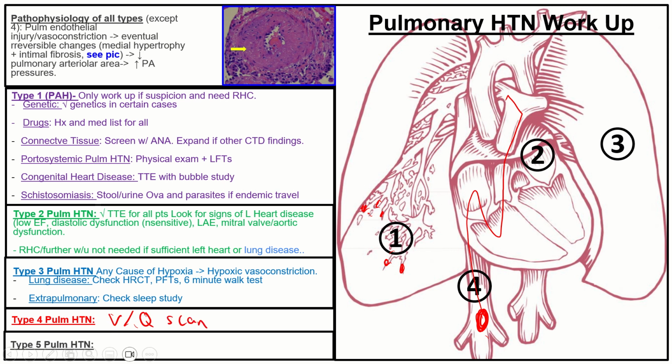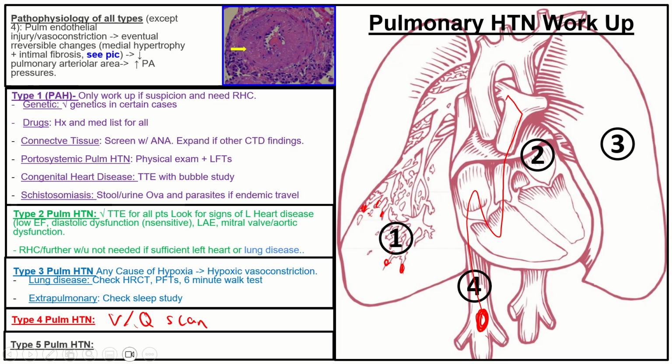Sometimes people think, oh, let's do a CT angiogram, but the CT angiogram is not really going to be able to see these tiny microemboli in the lungs, so it's not actually going to be super sensitive. So a V/Q scan, looking for decreased perfusion in these areas, is going to be much more sensitive for diagnosing type 4 pulmonary hypertension. So that would be your next step if you have a clinical suspicion for this.